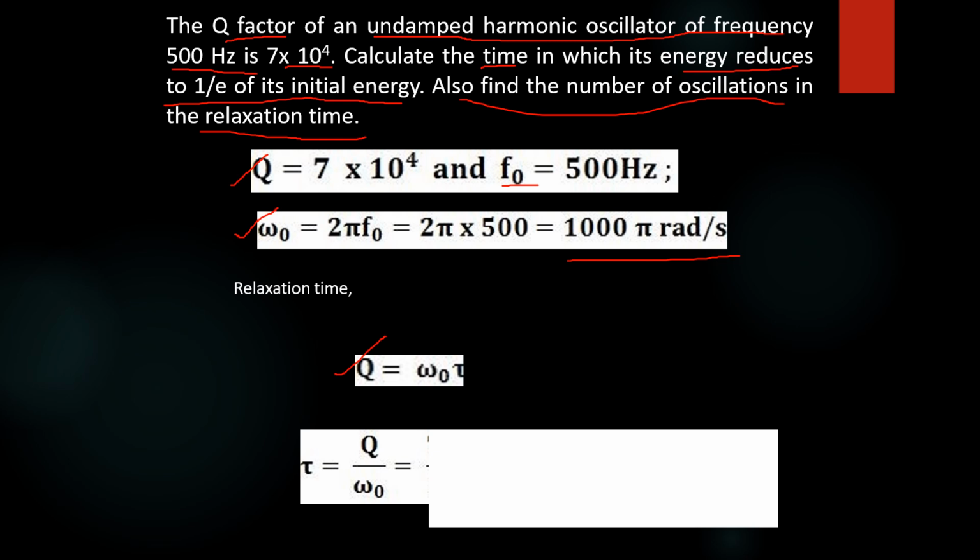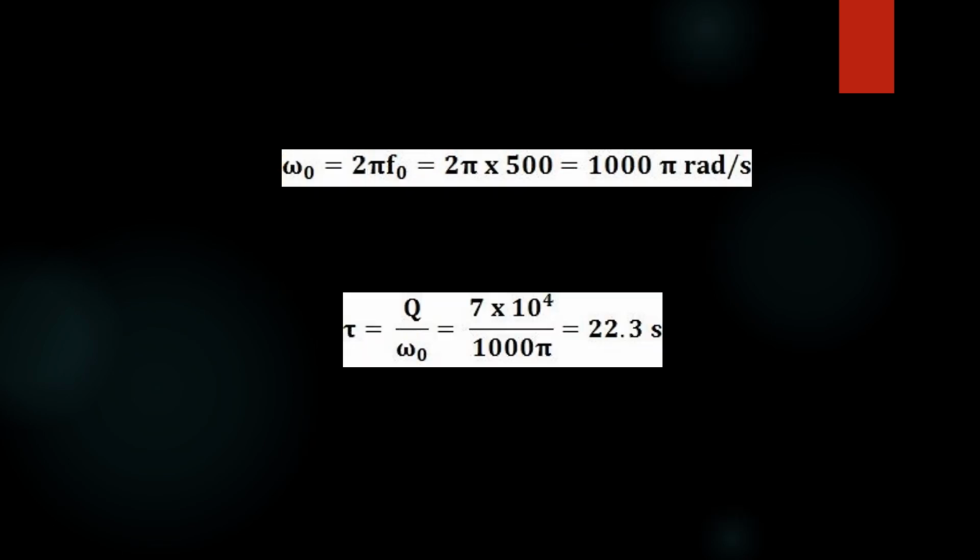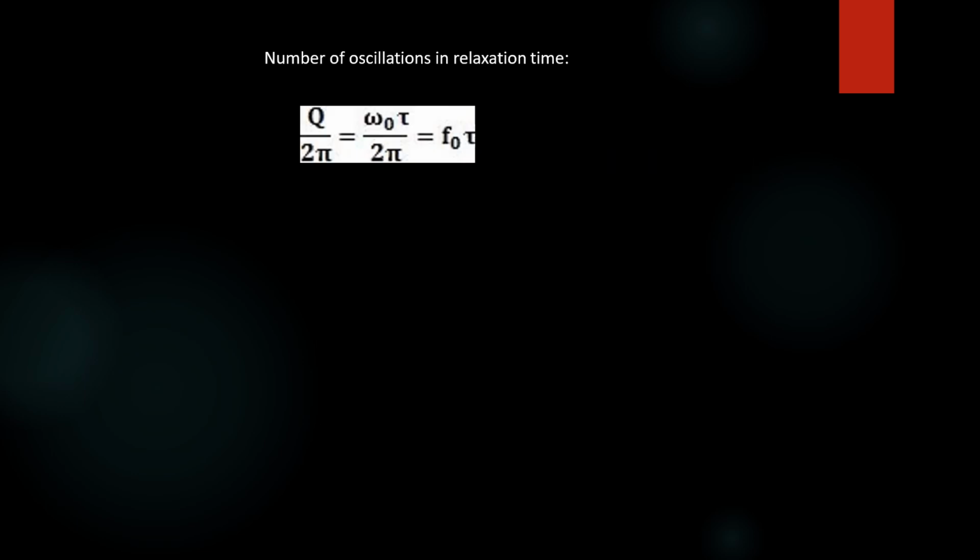So first you have to find the relaxation time. From this equation it becomes Q by omega 0. Q you know is 7 into 10 raised to 4. Omega 0 you just found as 1000 pi radians per second. On substituting the values of Q and omega 0 you will get 22.3 seconds.